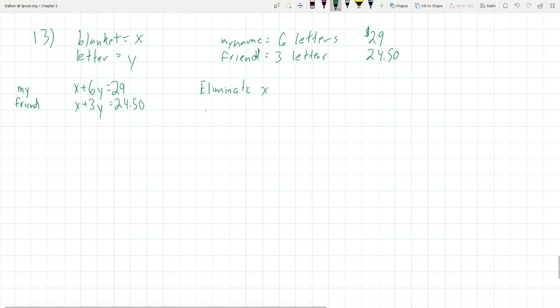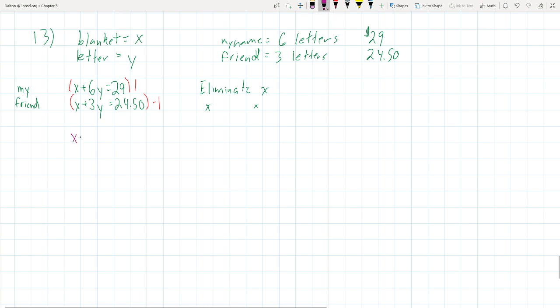Because I have these 2 x's, I can just multiply one by a negative. However, I'm going to be a little smart about it and say, I like working with positive numbers. I don't really like having negative numbers. So I'm going to multiply this bottom one by negative 1, and the top one just by 1.